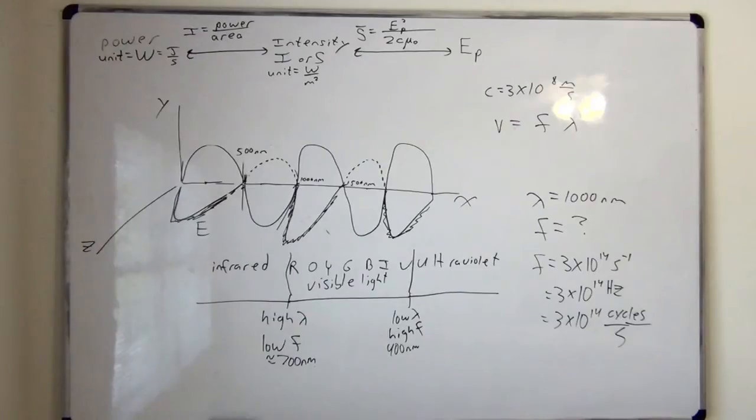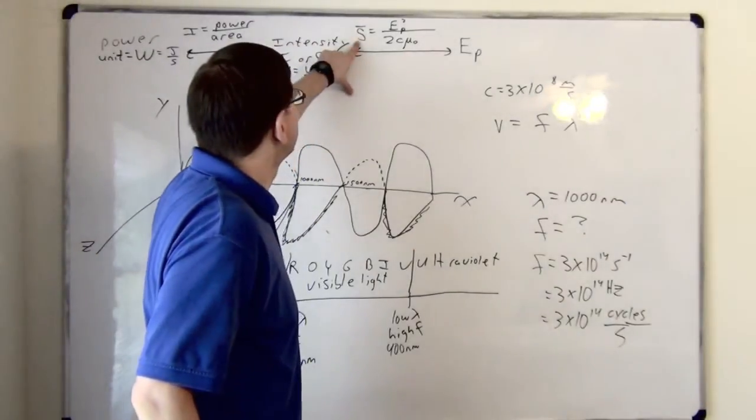So we don't need to memorize that, but you should have that in your cheat sheet for the test. That's a fairly frequently tested formula for this chapter. Let me double check that I got that right. S bar equals E_P squared over 2 mu naught c. Excellent. All right.